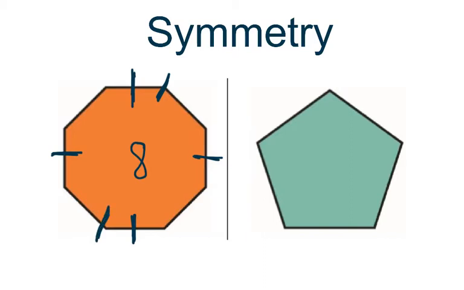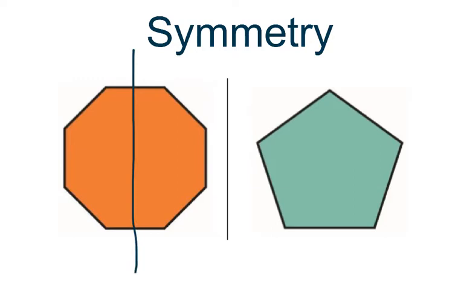And all of those will pass through the middle. Okay. So you can then count the lines of symmetry. And remember, you only count each line once.